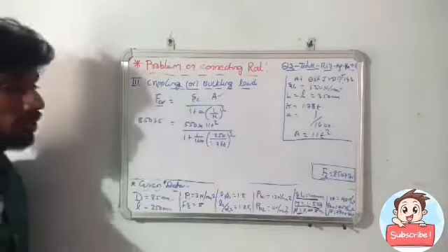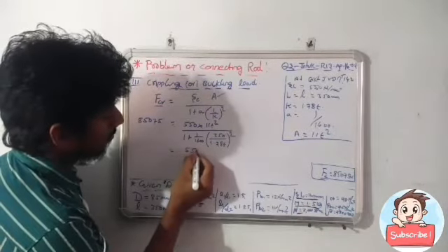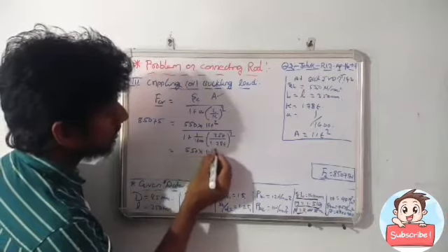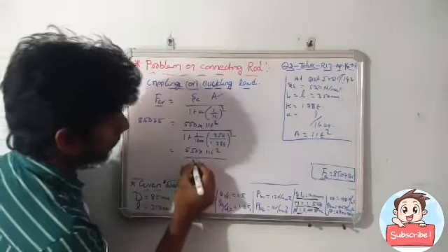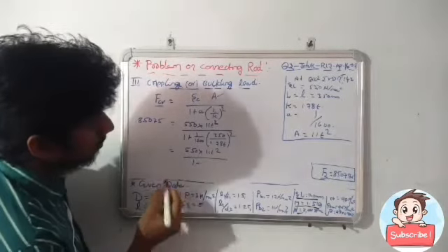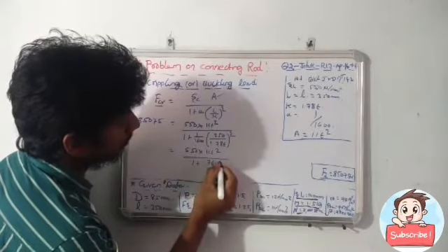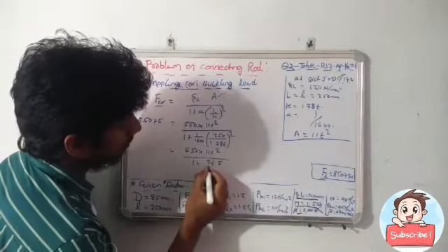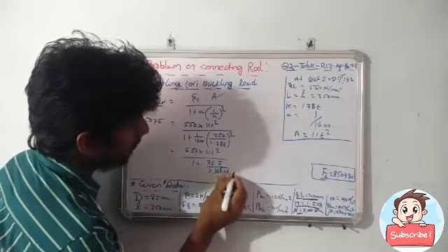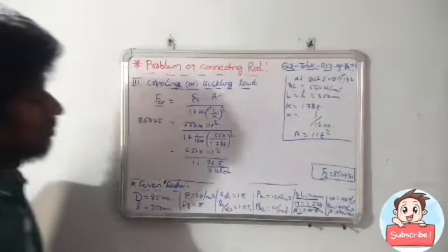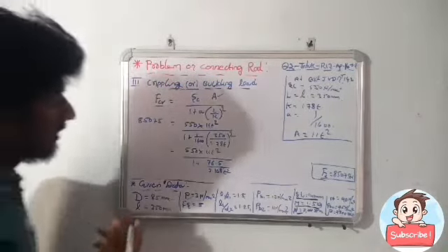So by simplifying this one, 550 into 11 t square whole divided by 1 plus 76.3.168 t square. Okay, so this is the condition.